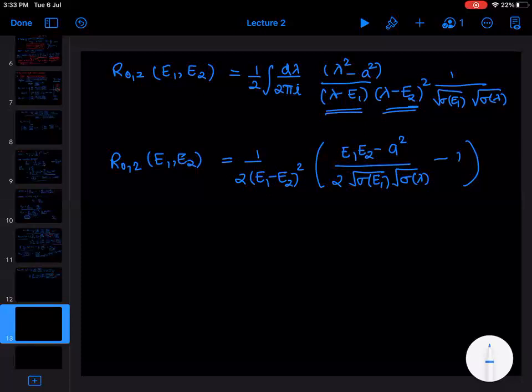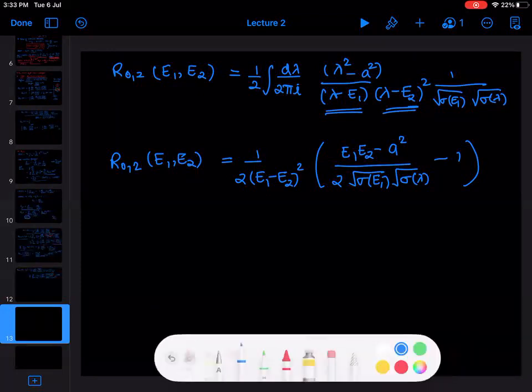R02 of E1, E2 is just the 02 level, like genus expansion, of the expectation of R of E1, R of E2 with the distribution. I'm just saying R of E1, E2 is like a two-point function in E1 and E2, and that definition seems symmetrical in E1 and E2, right? But our formulas aren't.